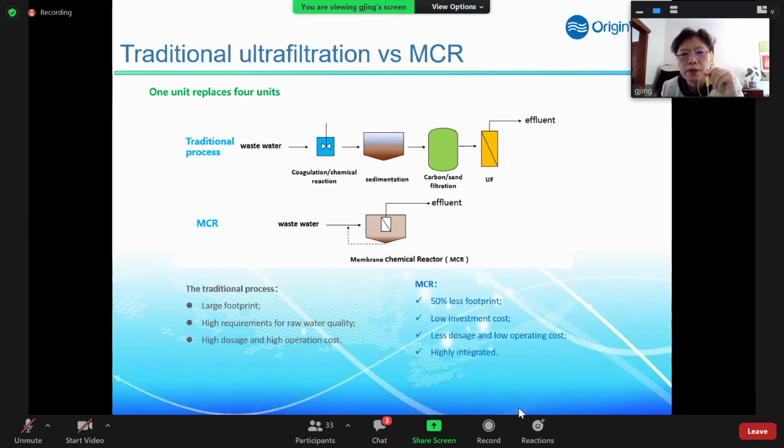We put a membrane in the tank, and also we can add a coagulant or flocculant directly into the tank. So in this situation, we can save 50% footprint, and also we can reduce the cost for chemical dosage and also the operating cost.